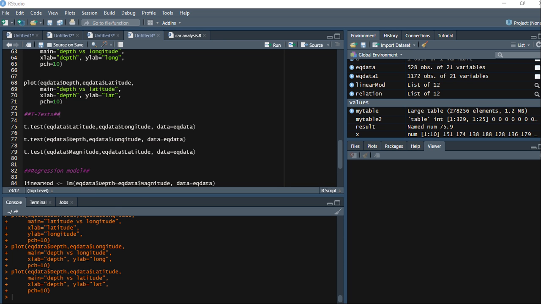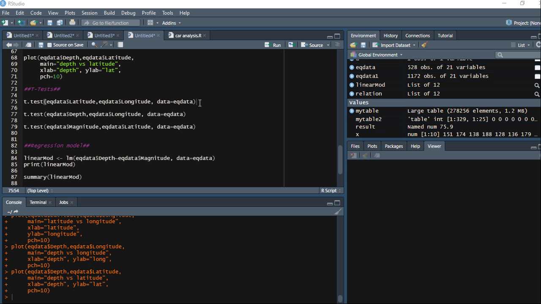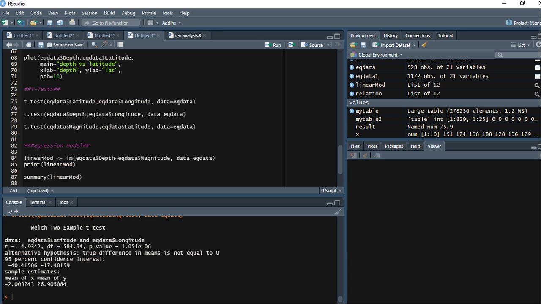Let us look at the first set, where I have compared the latitude and longitude. Here is the result. Here we can see the mean of x and the mean of y. These are sample estimates, and the data which we have used is latitude and longitude.